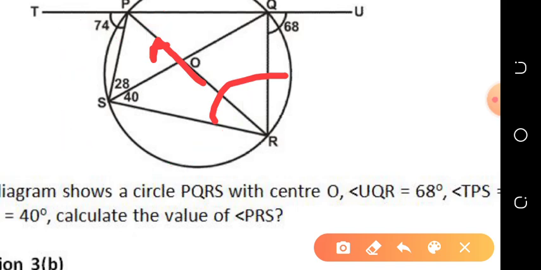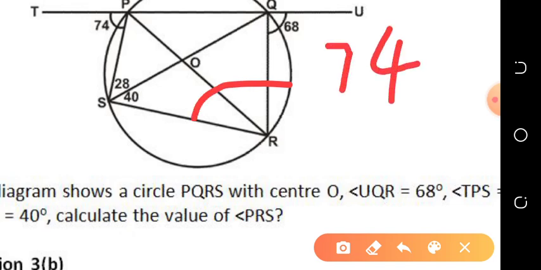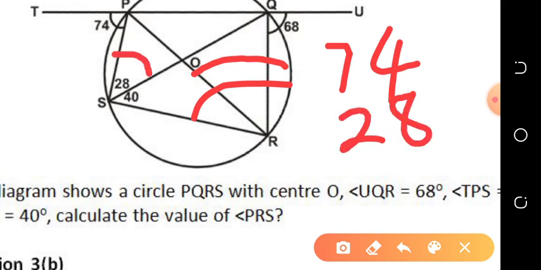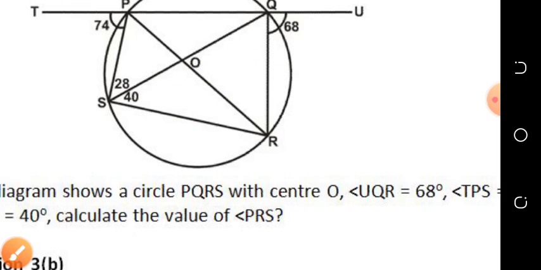Therefore, the whole of this angle here is 74, but part of it, which is the same as part of it for angle on the same segment, is 28. To find this other part here, it is 74 minus 28.